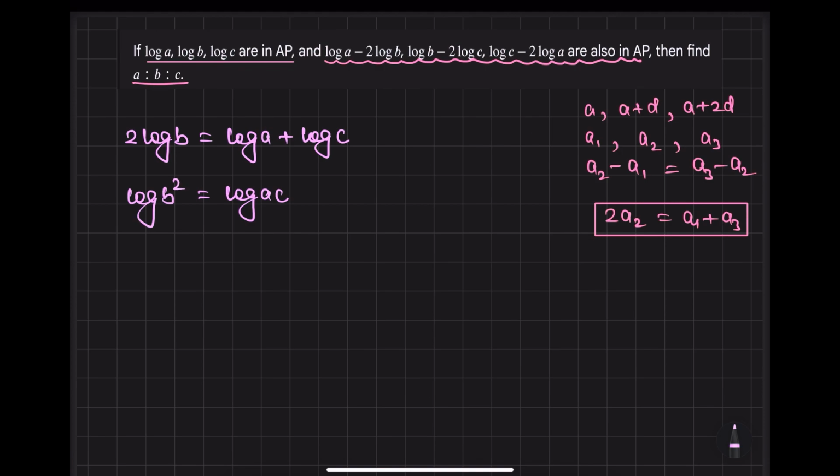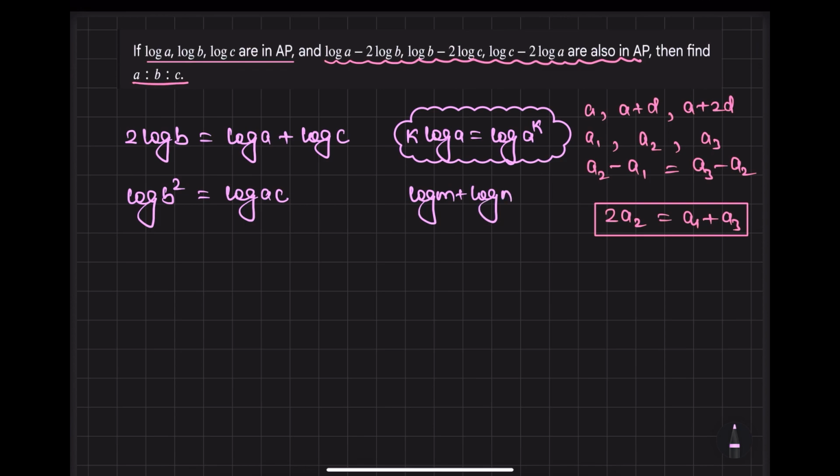If anything is in the coefficient of log, we can put that thing into the power of the argument. So these two things we have applied over here: the power rule and log m plus log n equals log mn.